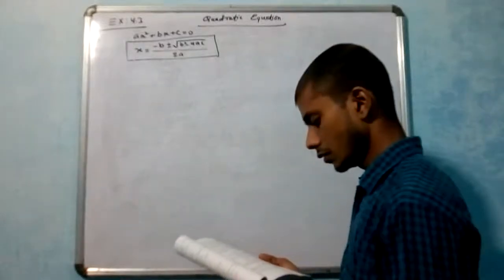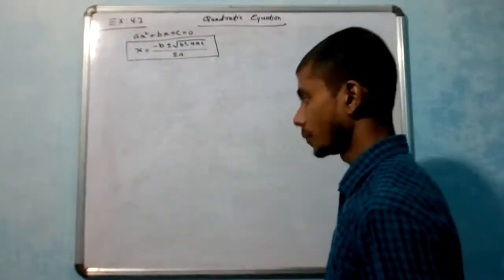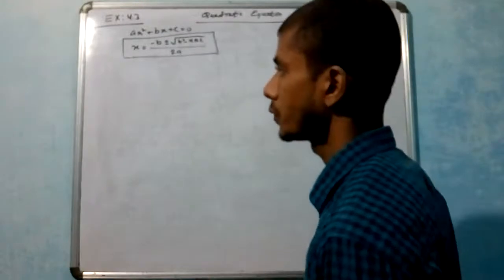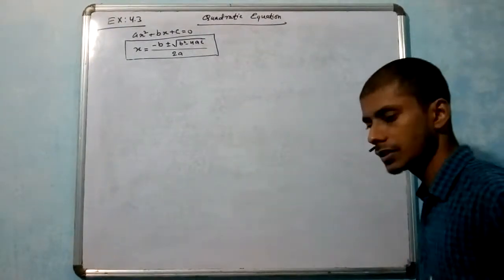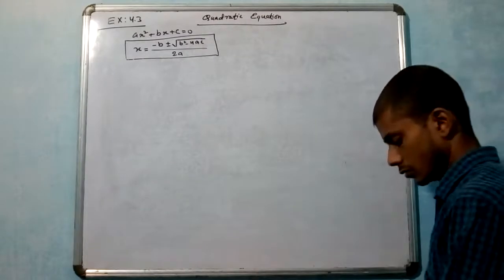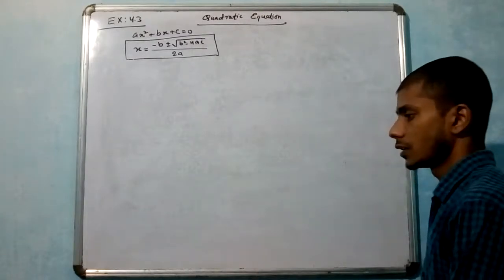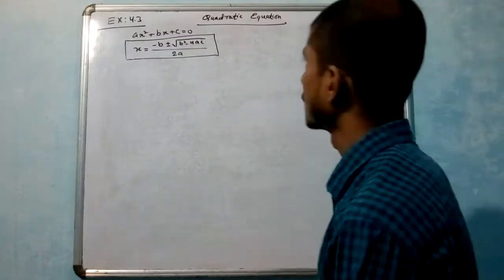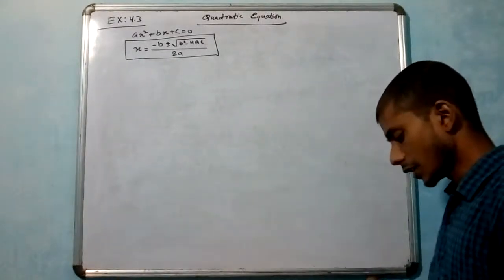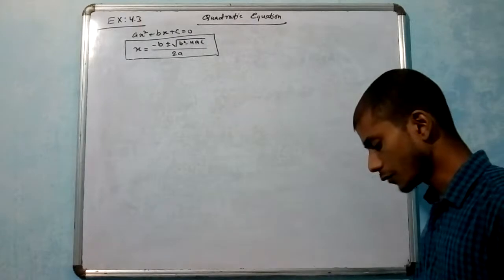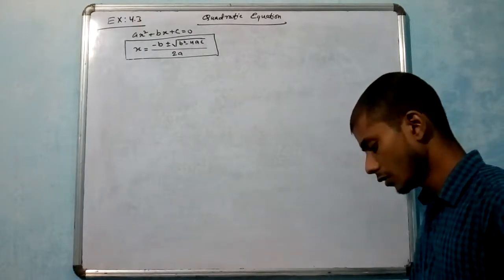So there is a method. We have seen that we will solve this quadratic equation by 3 methods. The first one is the factorization method, the second is the quadratic formula, and the third one is the completing the square method. So the third one we have to learn how to find that.